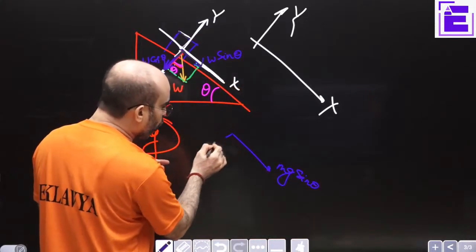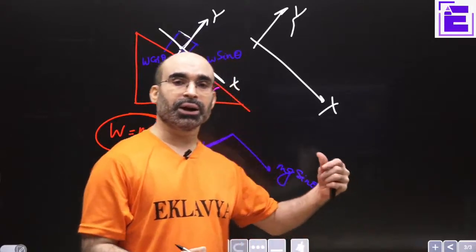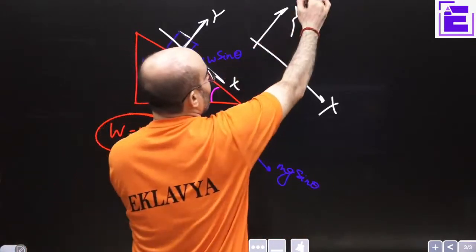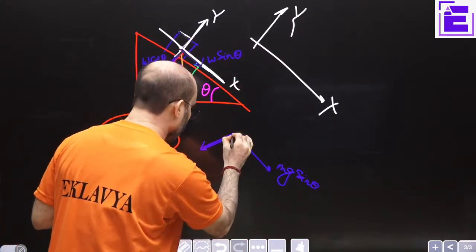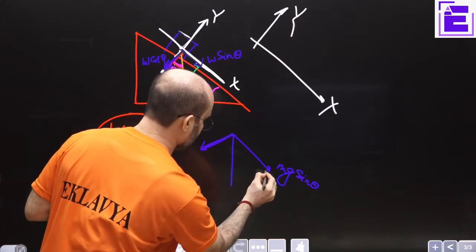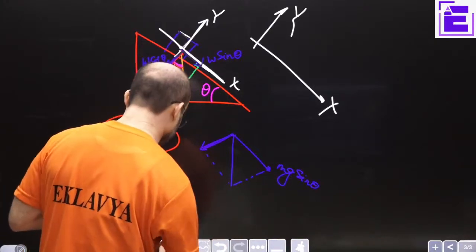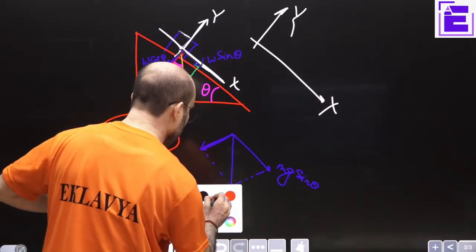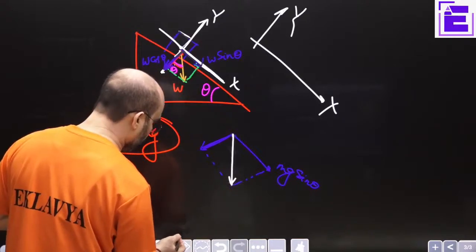And along the y-axis, one more thing we need to understand: if this is the positive y-axis, this is the negative y-axis. Okay, so we have this thing like this. We need to draw like this. This is the weight and these are the two components.